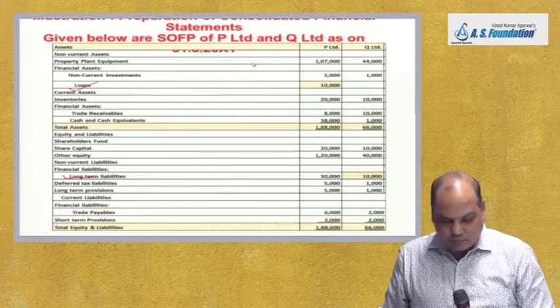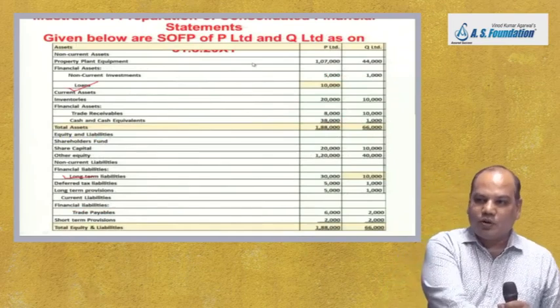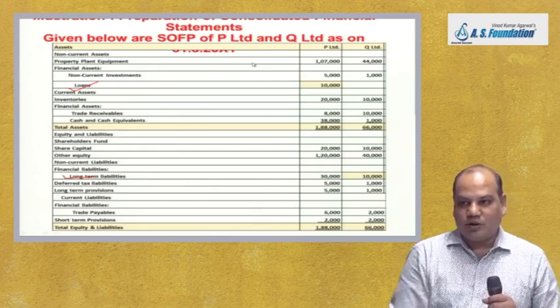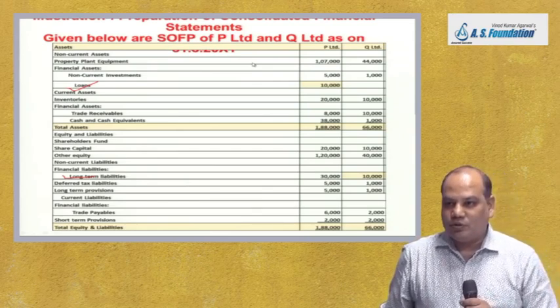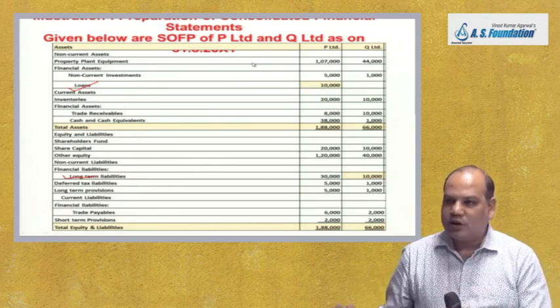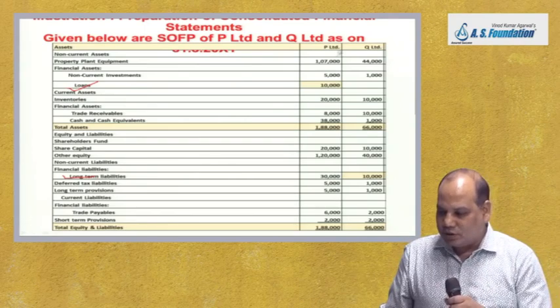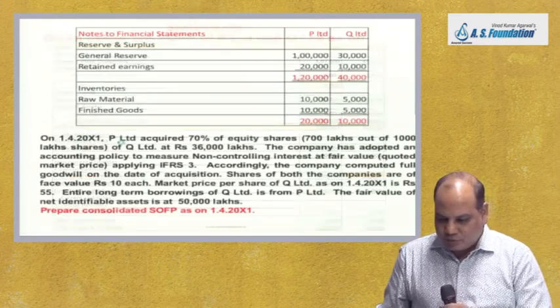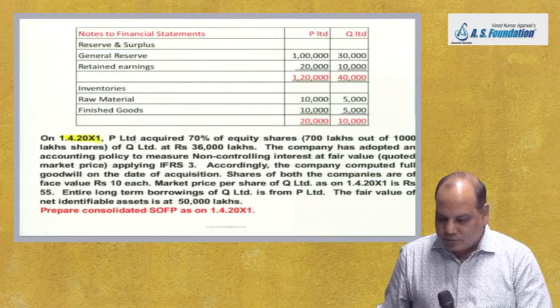Let me check. Is it 31st March 20X1? How much is the gap between these two dates? 0. So it is as good as you have to consolidate the same SOFP. Okay. Waste of time. They could have written 31st March only.